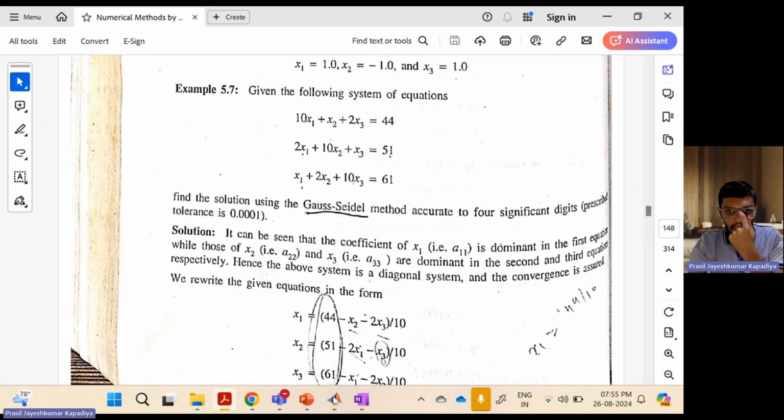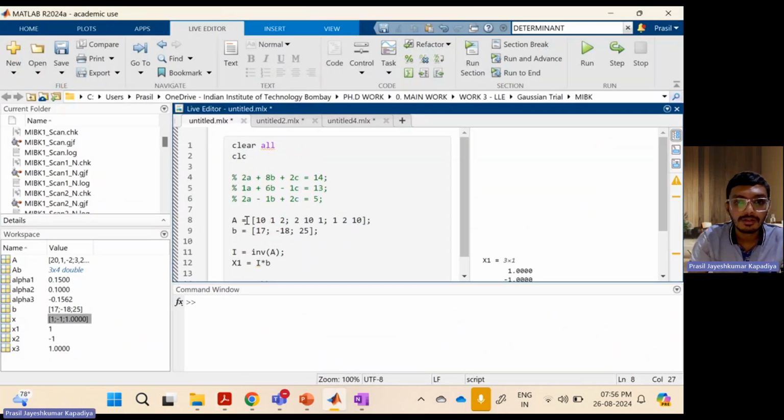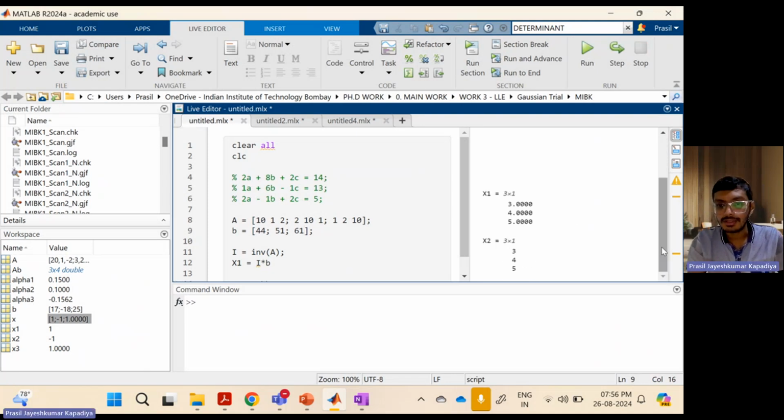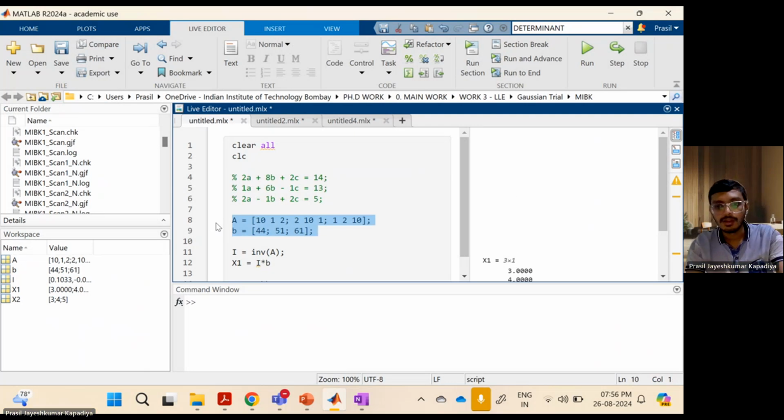My B matrix will be 44, 51, and 61. I'm getting 3, 4, 5. Simple solution. 3, 4, 5.